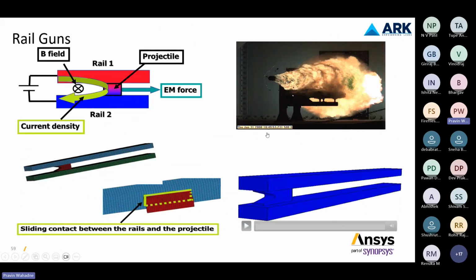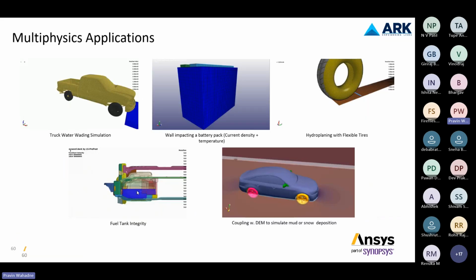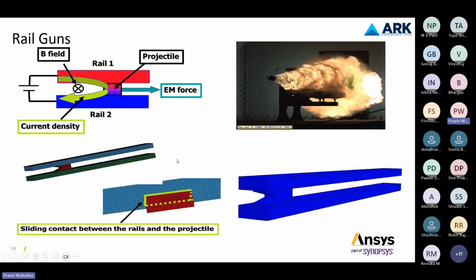Even if you want to see a rail gun, if this is the real scenario, this is how the rail gun behaves. Sliding contact is defined between the rails and the projectiles. These are the B field, rail, projectile, EM force. Current density has been defined, and you can see how it works.